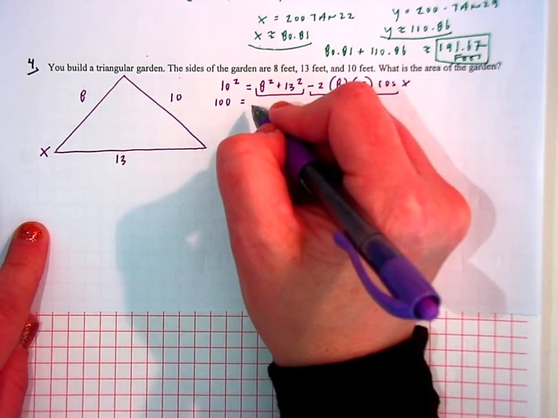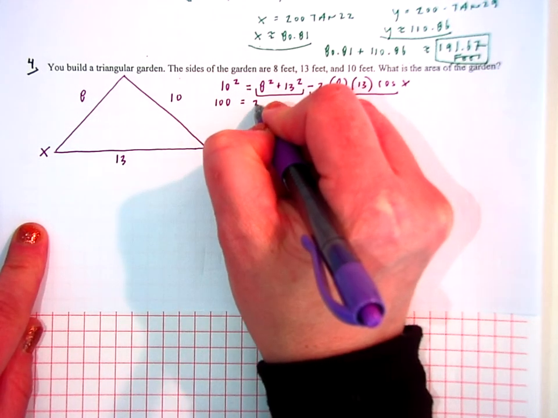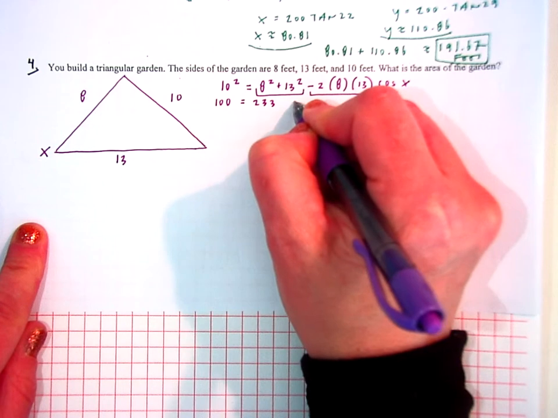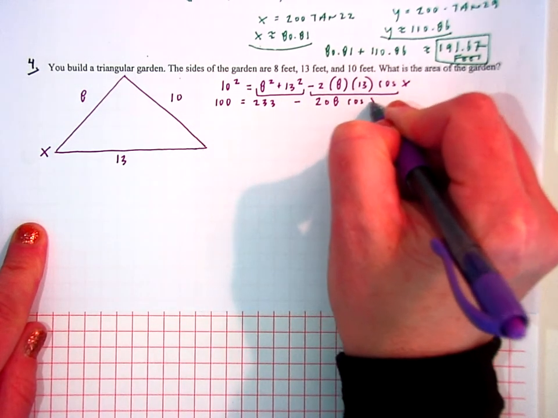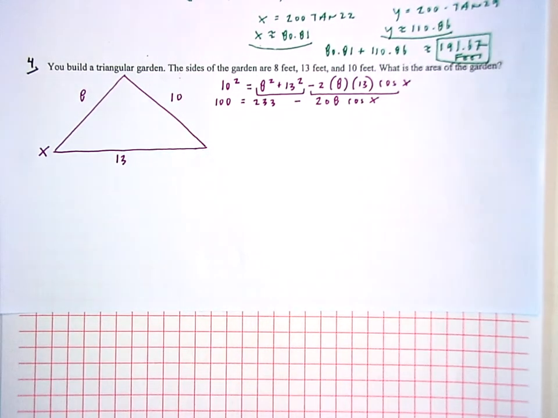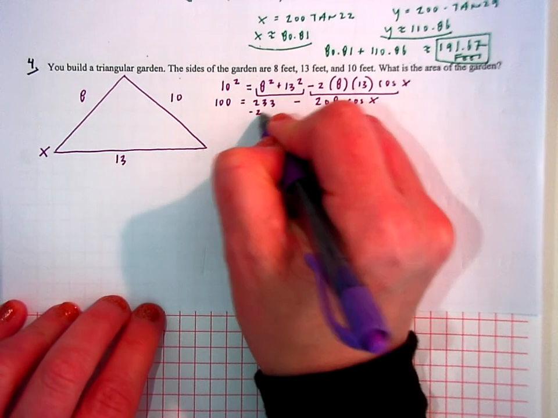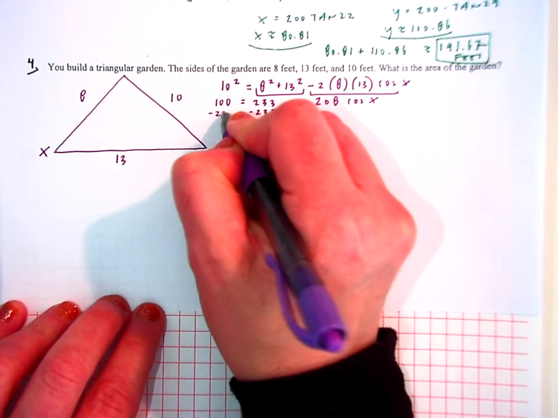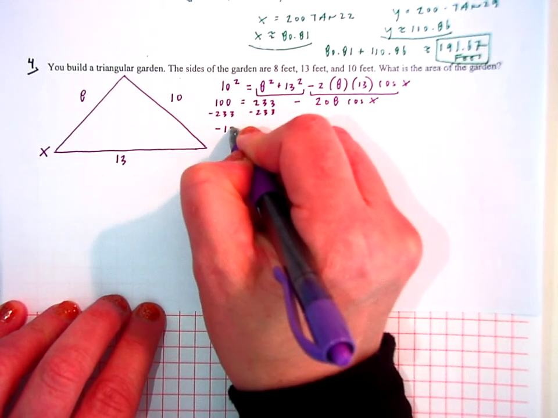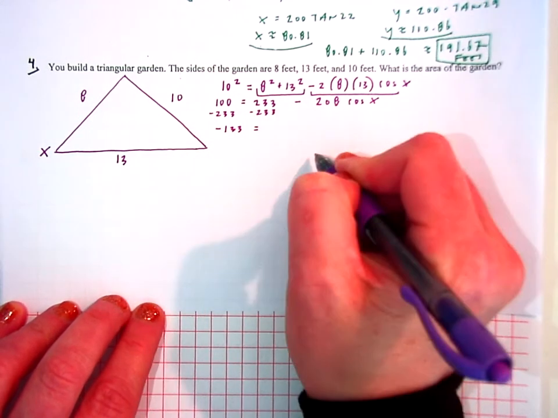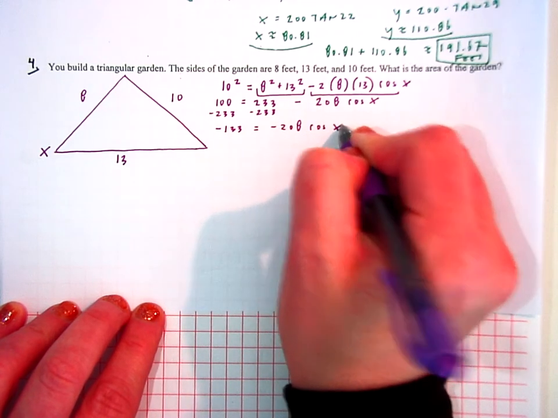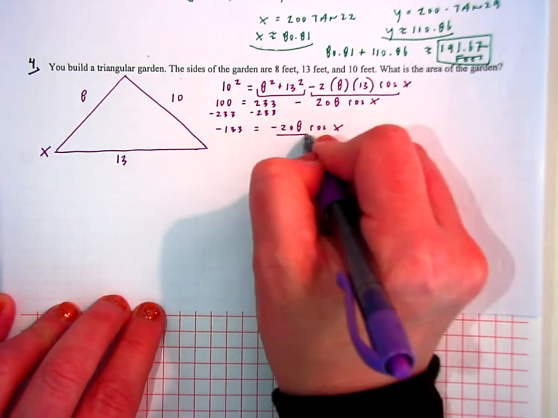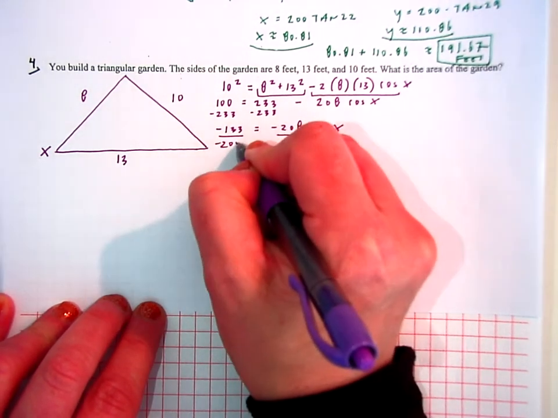So I have 64 plus 169, so 233. And then take away 208 times cosine x. Right? I'm following my order of operations. So I can take away the 233 from each side. So negative 133 is equal to negative 208 times cosine x. From here, I can divide away the negative 208 from each side.